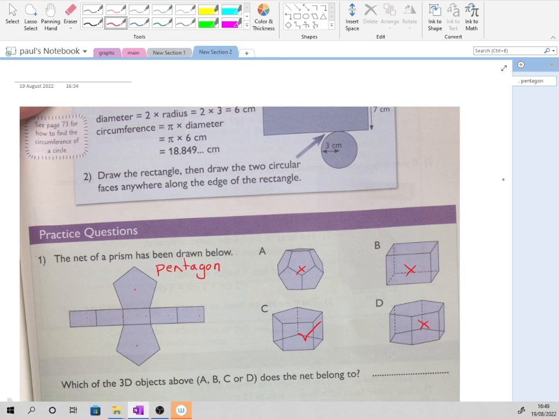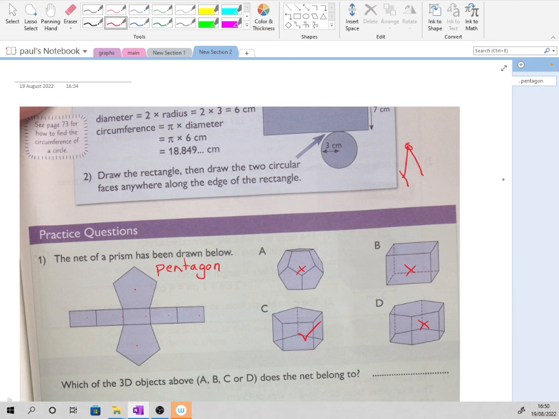Draw the rectangle, then draw the 2 circular faces along the edge of the rectangle. So this one is where we're being asked to draw it and put all the measurements in. But you wouldn't have to calculate the circumference, because you'd use your compass, wouldn't you?